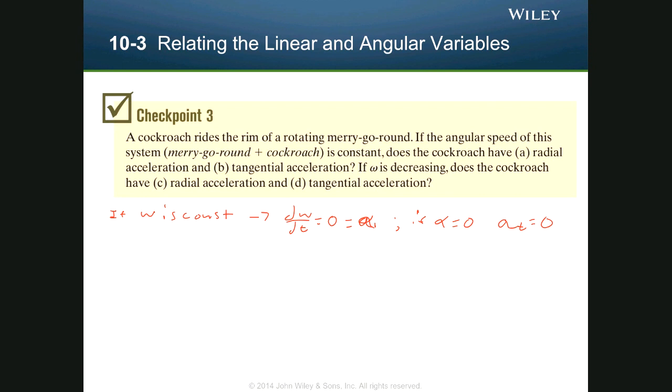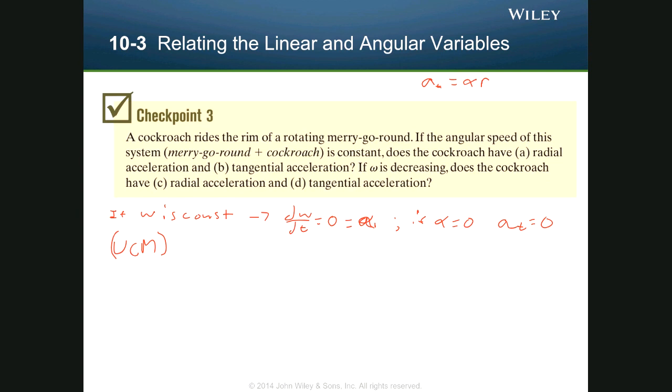But if we look here, remember a_t, the tangential acceleration, is going to equal alpha times r. So if a_t equals 0, we're in uniform circular motion. I'm going to call that UCM. That's what that stands for, uniform circular motion.